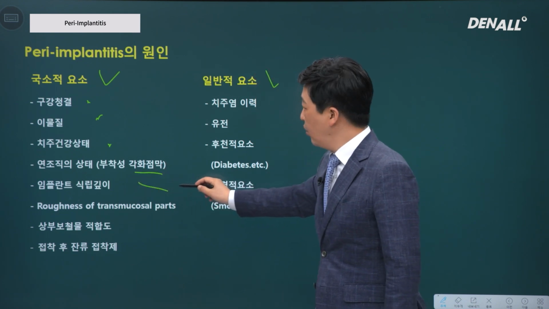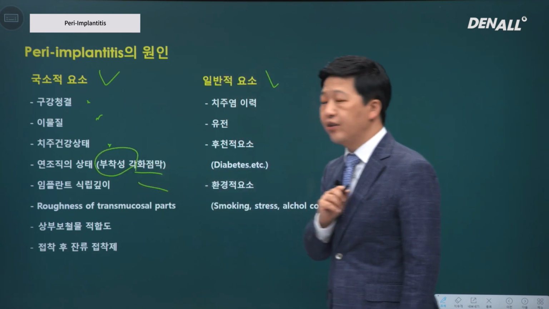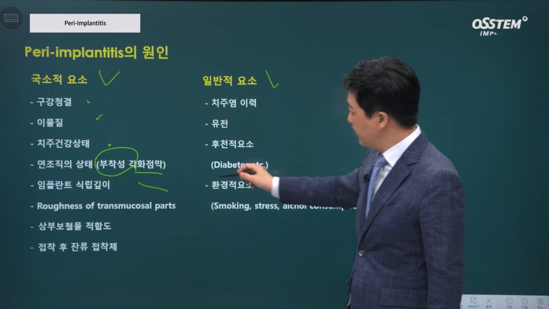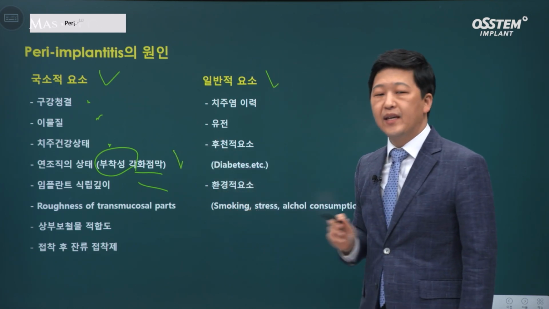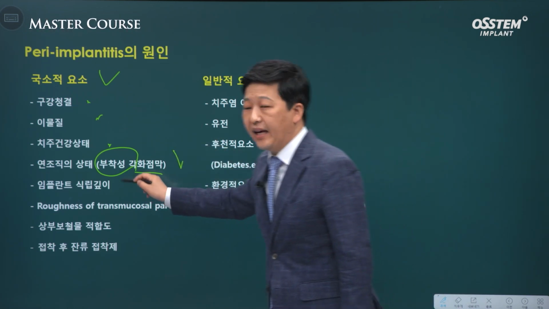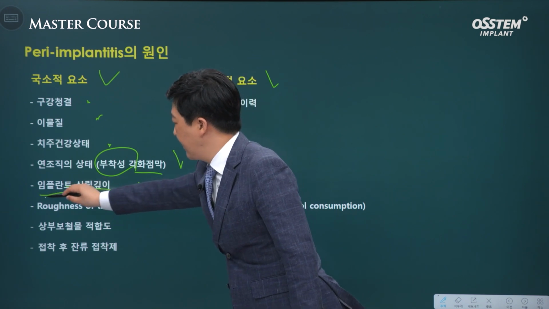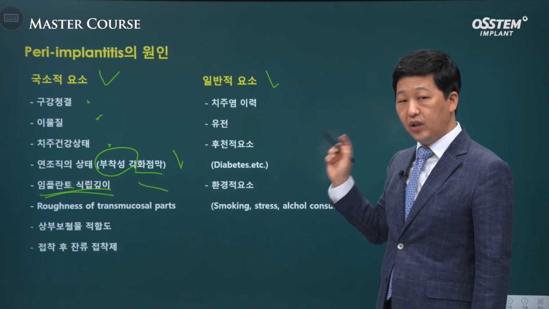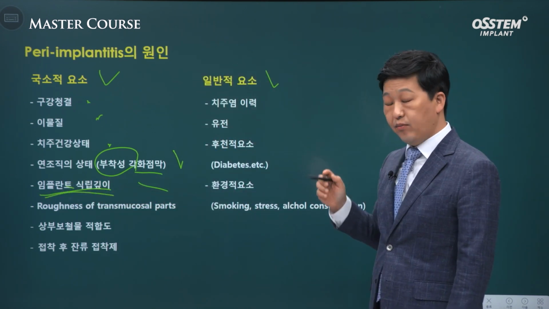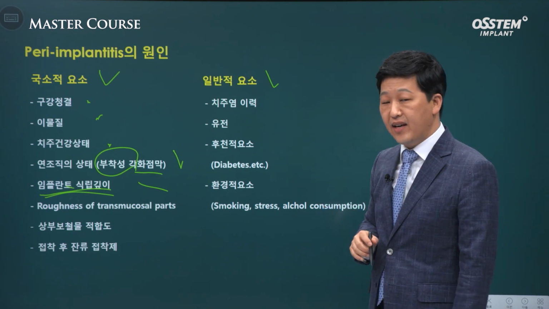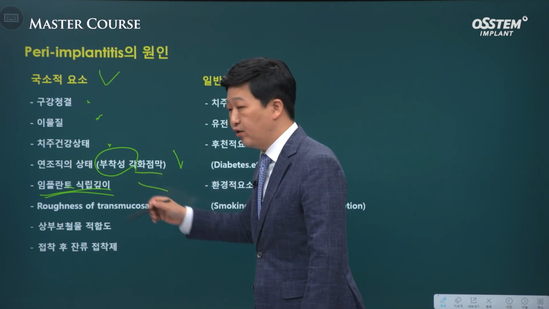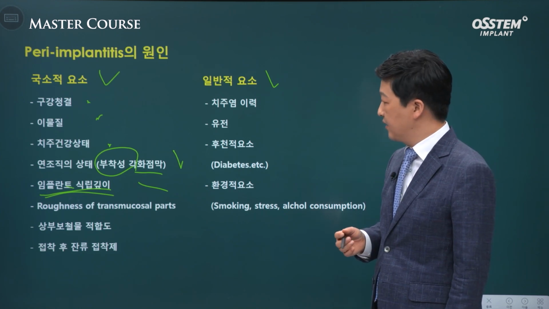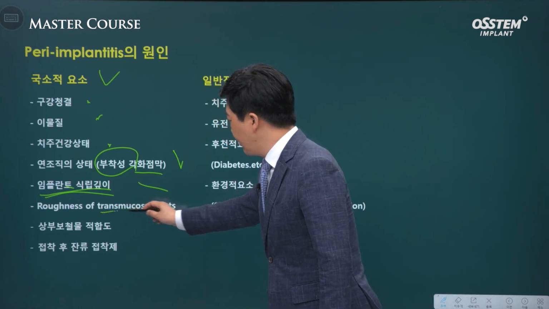There is no keratinized tissue, and it's not attached. These are most important factors, and implant placement depth is too shallow. This can also lead to peri-implantitis. If you place the implant too shallow, this can cause peri-implantitis. Transmucosal part.